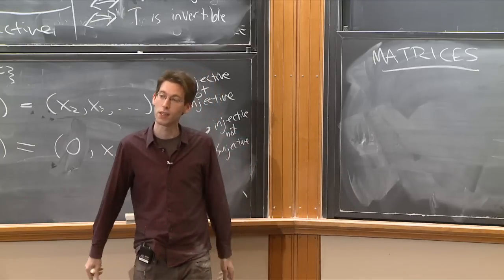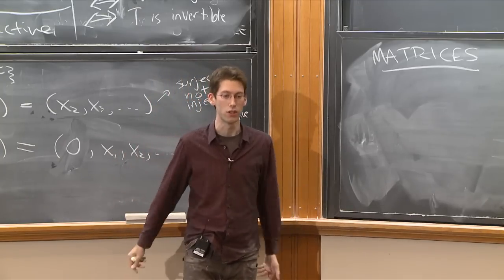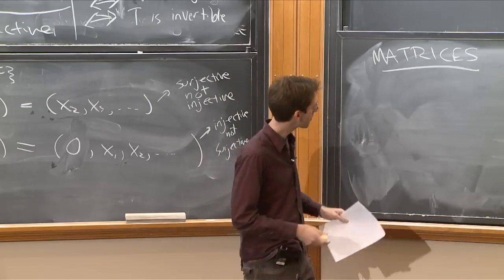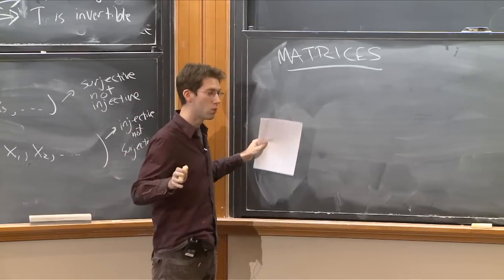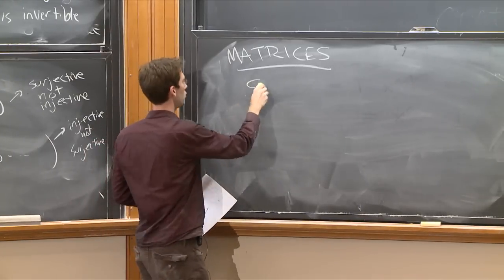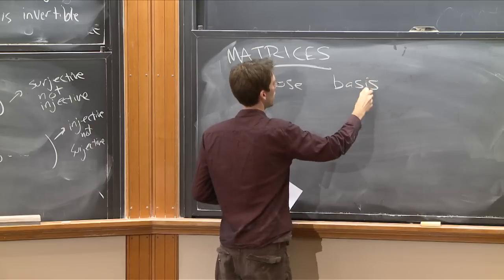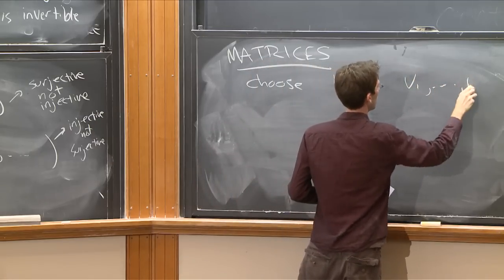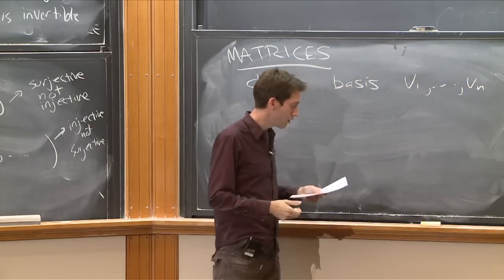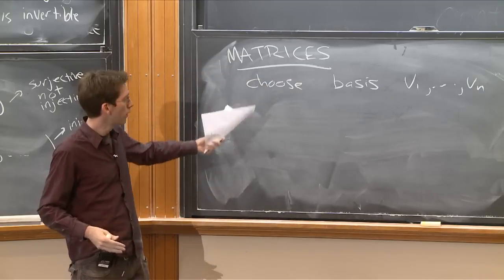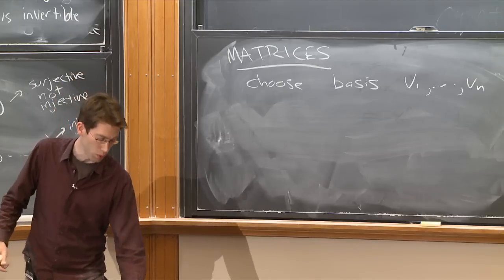But if I want a matrix, I need additional structure, and mathematicians try to avoid that whenever possible. But if you're willing to take this additional structure, so if you choose a basis v1 through vn, it turns out you can get a simpler form of the operator that's useful to compute with.